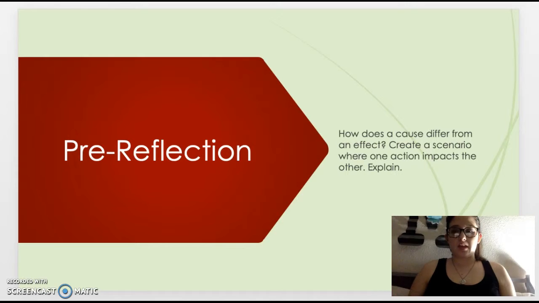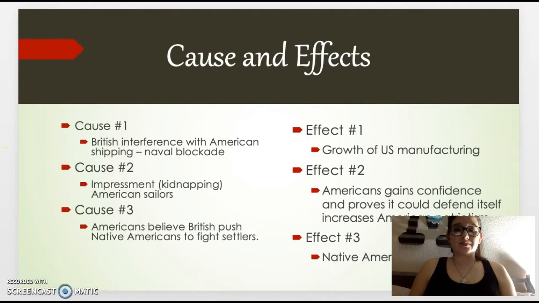Okay, and we're back. So the causes and effects for the War of 1812. Cause number one is British interference with American shipping, the naval blockade, which had the effect of growth of U.S. manufacturing.